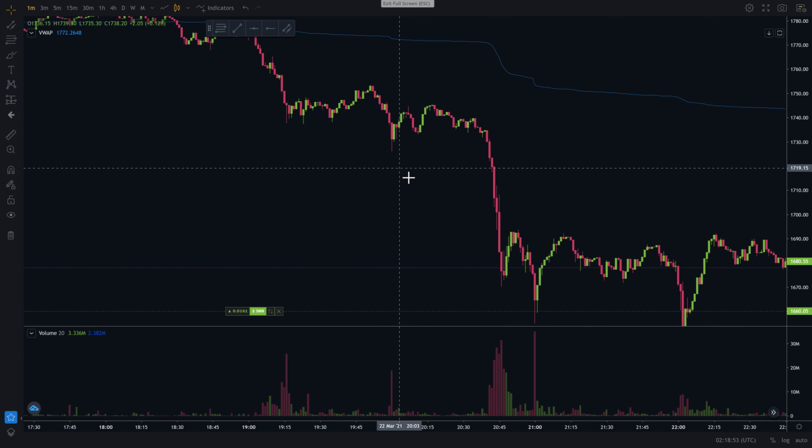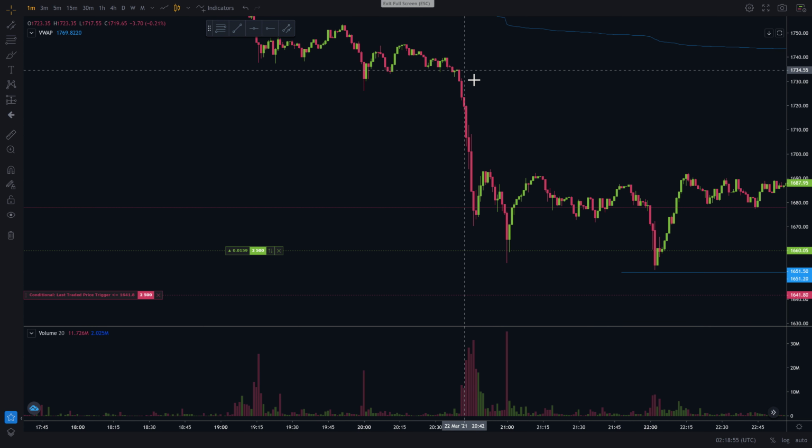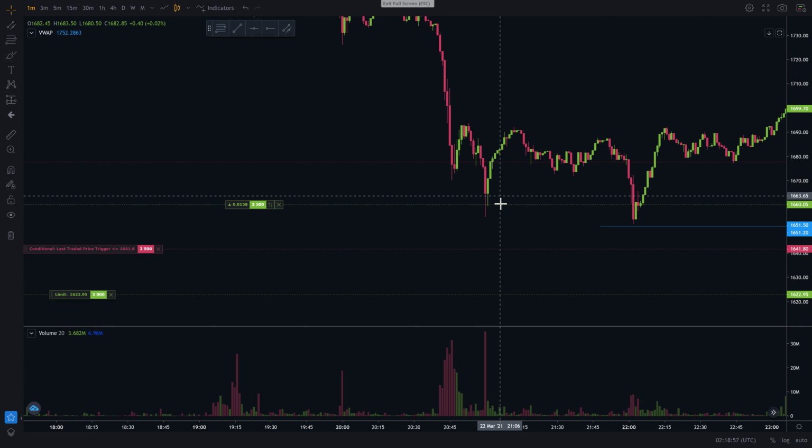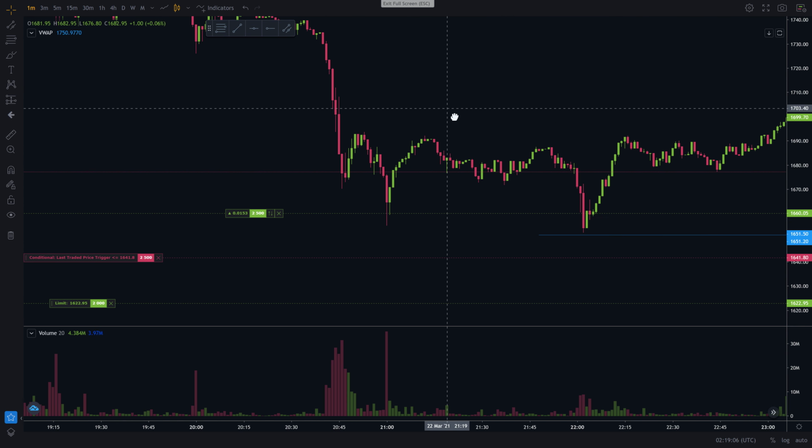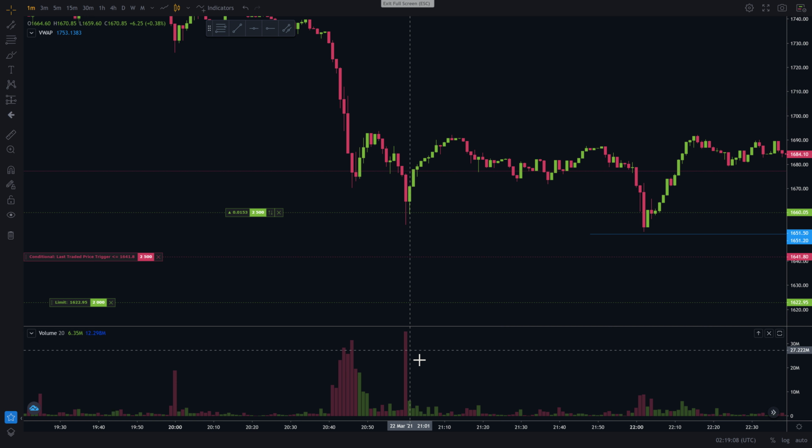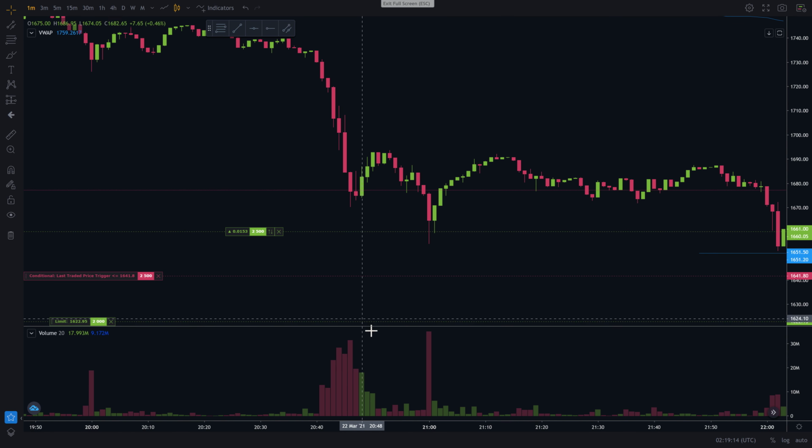Okay, but here that was a big drop, and we stopped on some technical levels because I was trading Ethereum here. I remember we had a few technical levels here, so for me that was confirmation this is the end of the move. And look at this candle, 35 million volume, huge, and a lot of selling volume here as well.